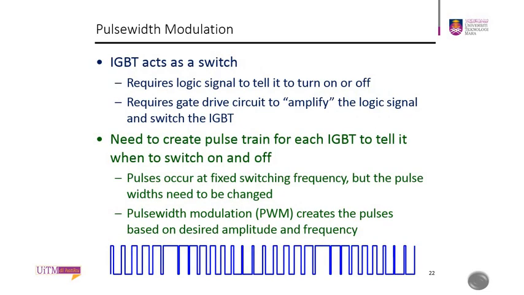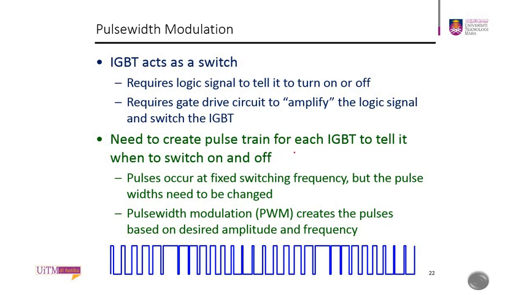So the IGBT is the switch, SA, SB. It requires a logic signal, a control signal, in order to turn on or turn off. The gate drivers amplify the logic signal and switch the IGBTs.